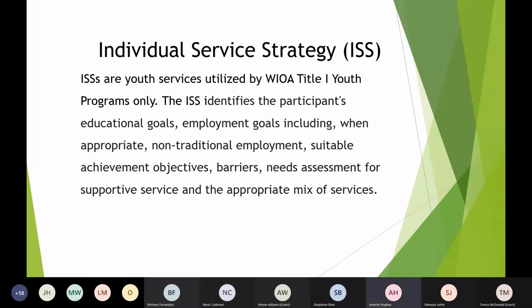The contents of the ISS, just like the IEP, it's a roadmap and a compass demonstrating what the individual need is, and the barrier, the action plan that will be taken. As well, it is a living document and it must be updated or modified.